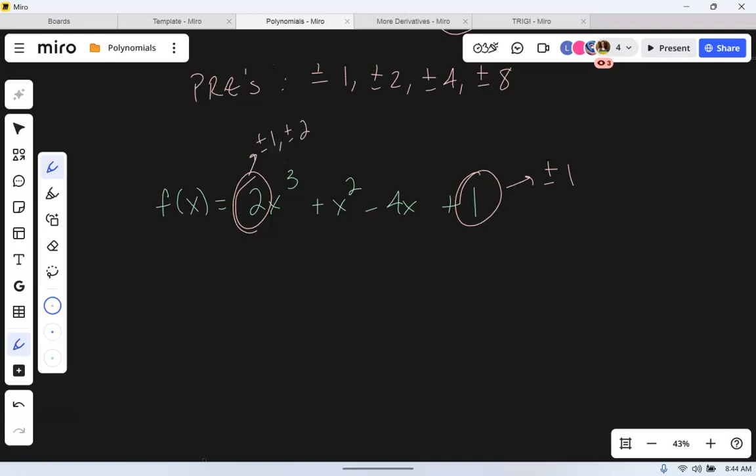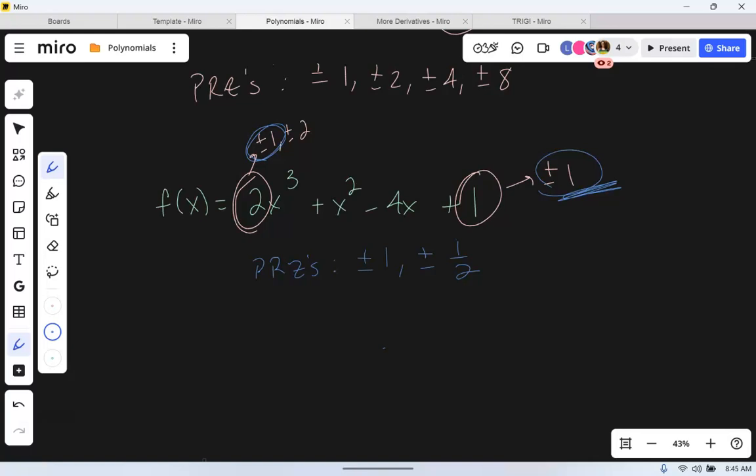So the PRZs. Remember, it's this divided by this. So plus or minus 1. Plus or minus, everybody's saying 2. 1/2. Because it's the last one divided by the first one. So you take all of these and divide them by the first number here. And then you take all of these. Let me show you another one.